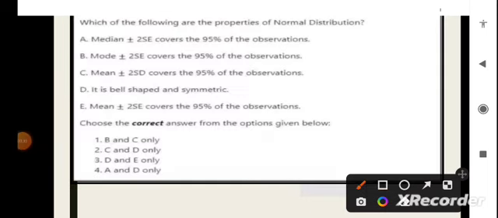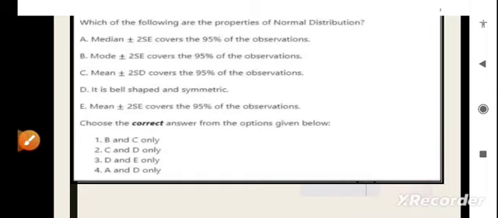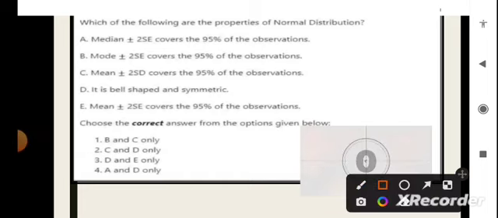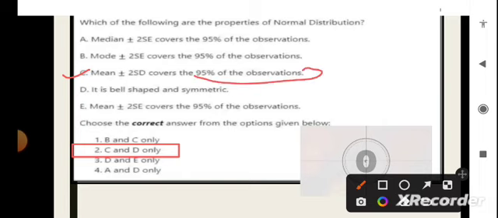Next question is, which of the following are the properties of normal distribution? Here, our correct option will be the second option, that is statements C and D. Statement C states that mean plus minus 2 standard deviation covers 95% of the observations.